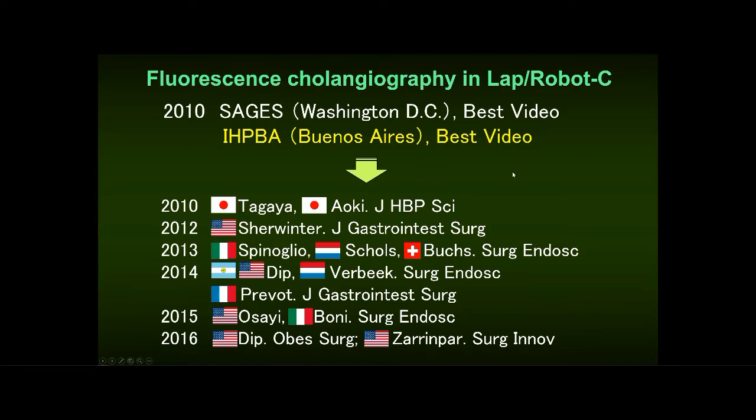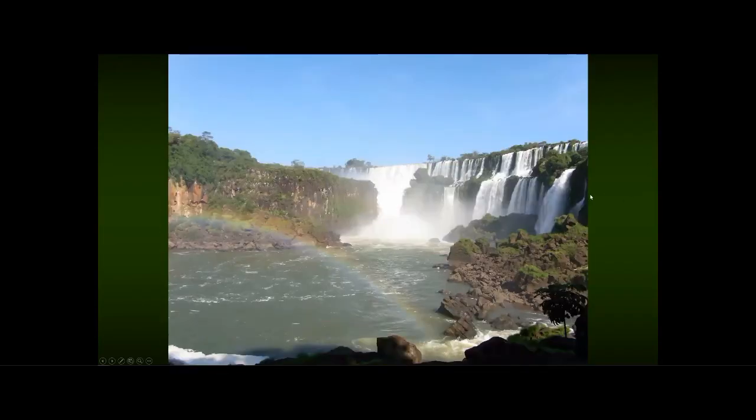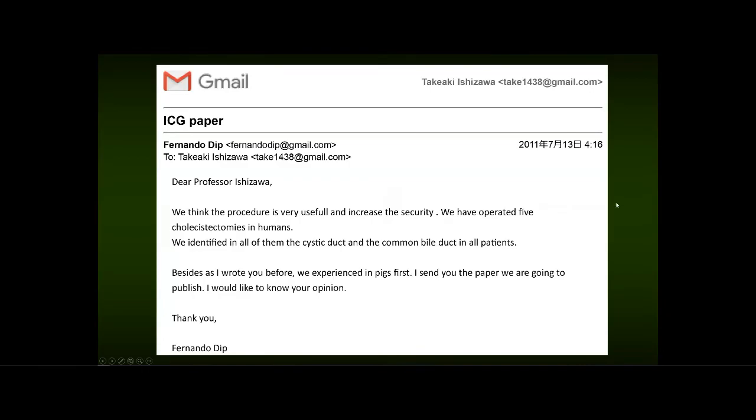But after the presentation at IHPBA in Argentina, Argentina was really a nice place to see a lot of rainbows and have great, fantastic beefsteaks. But anyway, after the presentation, I got an email from Dr. Fernando Deep from Argentina, and he said that he also started using fluorescence cholangiography.